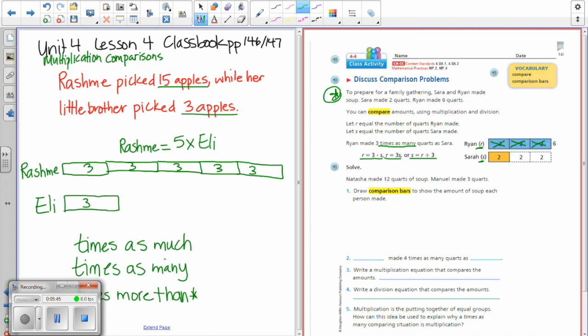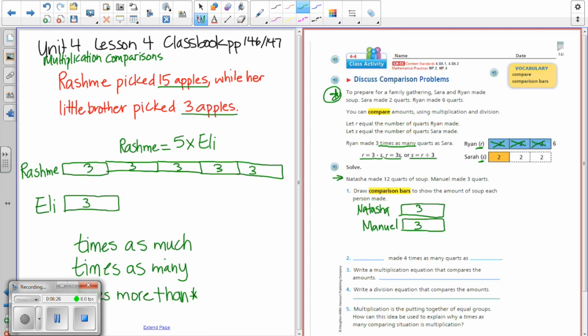So let's try this with another example. Natasha made 12 quarts of soup. Manuel made 3 quarts of soup. Let's draw comparison bars to show the amount of soup each person made. So if I have Manuel, and he only made 3 quarts of soup, and then I have Natasha, who made 12 quarts.